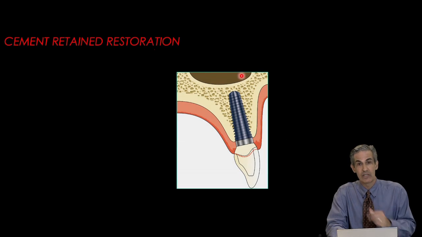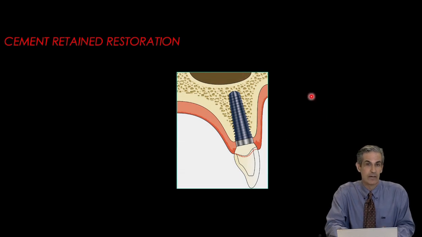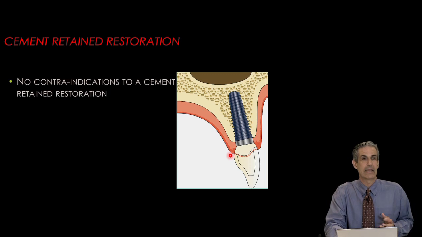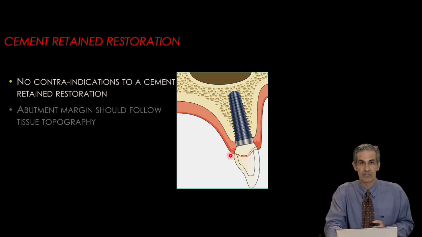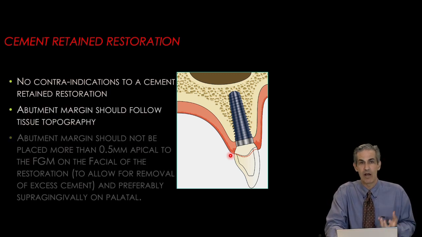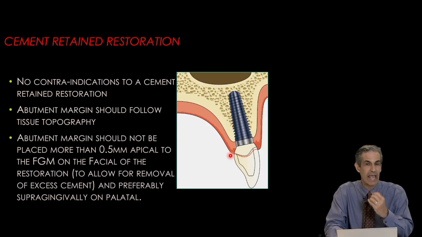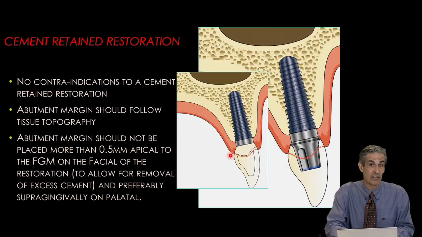And so we look at the case here with a nice custom CAD-CAM kind of abutment, so the margin follows the tissue very nicely scalloped, and we can get a very good result. But if we have issues, if the abutment or the topography doesn't follow, if we're going to have to cement significantly subgingivally, like maybe with a solid abutment.